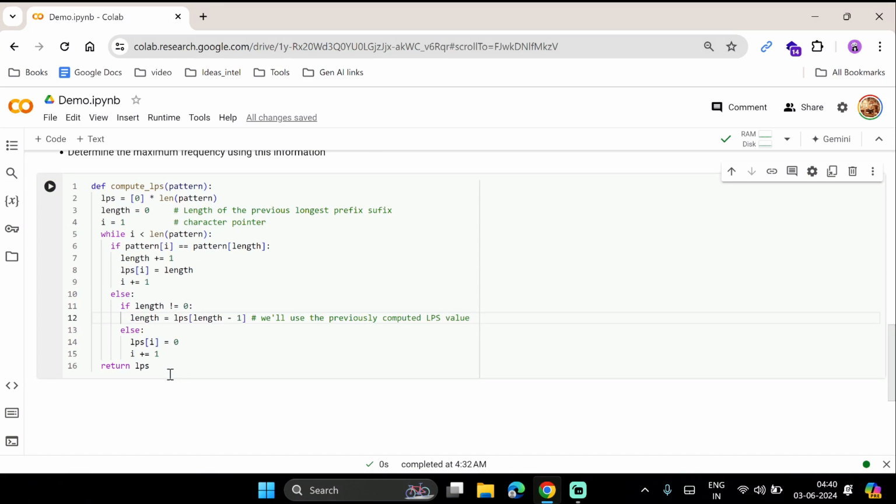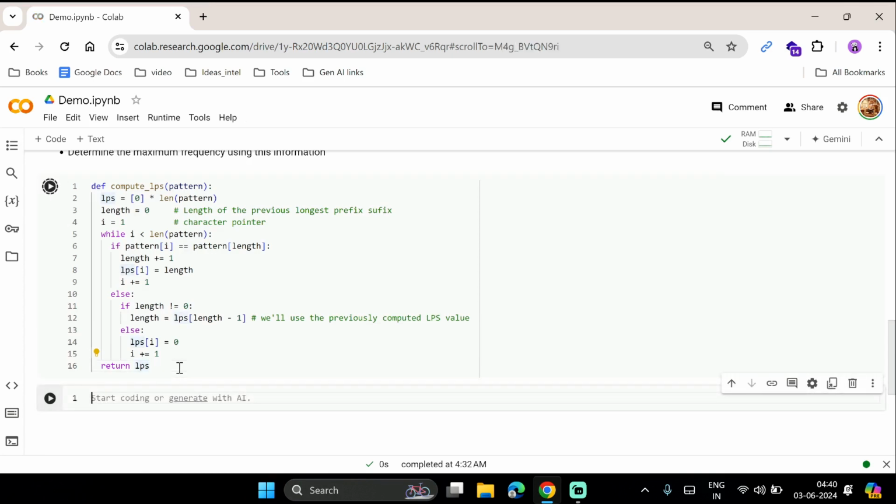Now, this LPS array helps us determine how much of the pattern we can reuse in overlapping occurrences, right? So this was the compute LPS function. Let's see if any error comes up. Okay, great. So as I said, the LPS array helps us determine how much of the pattern we can reuse for occurrences where overlapping is happening.